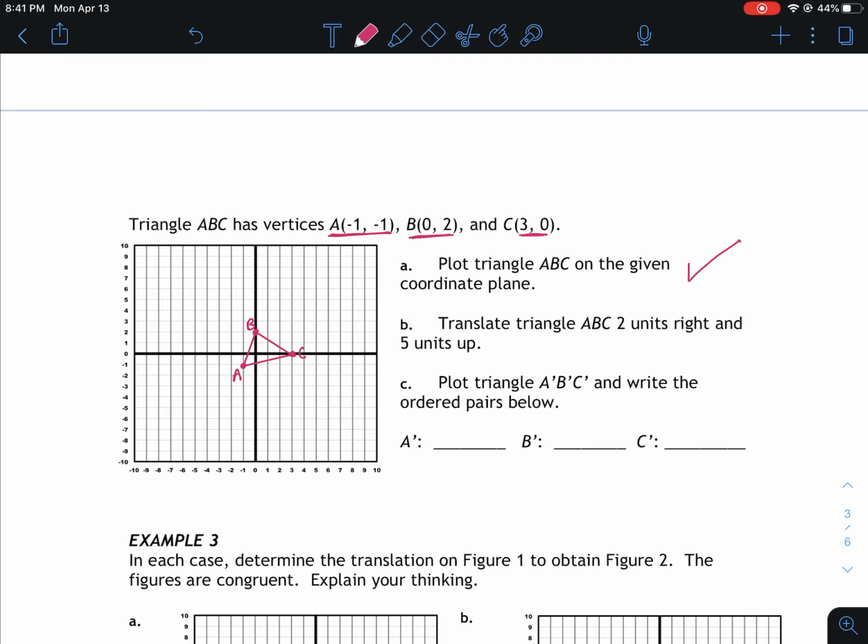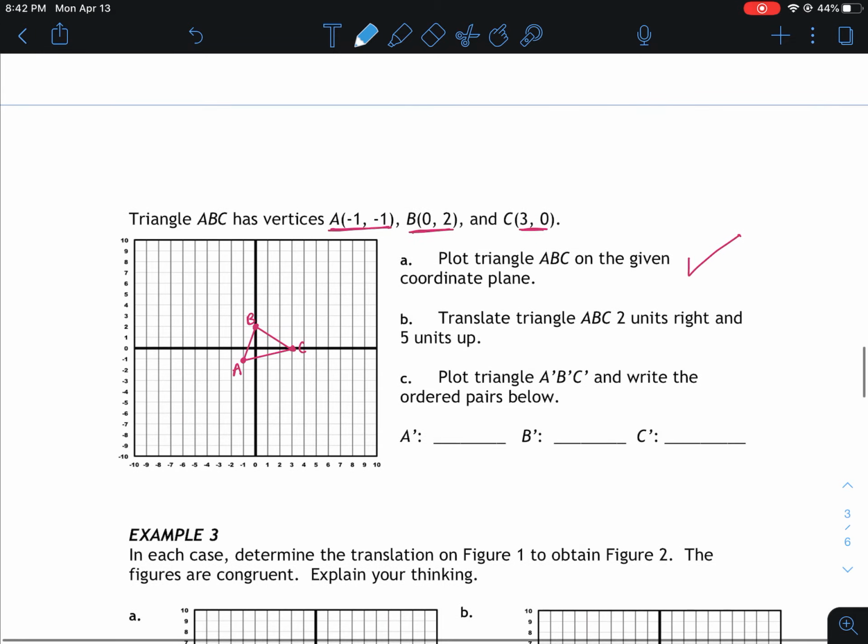Now we're going to translate ABC 2 units to the right and 5 up. So what that means is I'm changing my color, and I am going to take every single one of these. Starting with letter A, I'm going to go to the right 2, and then up 5: 1, 2, 3, 4, 5. And I'm going to write that as A, and then put that little line next to it, A prime.